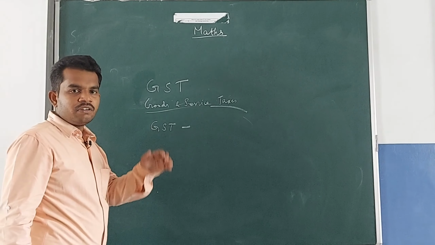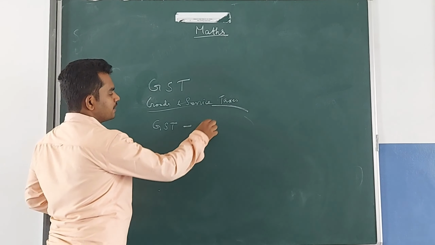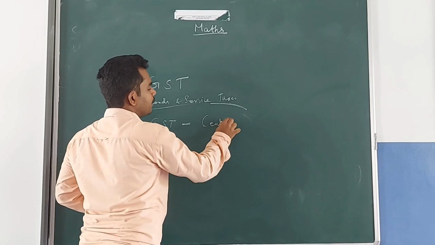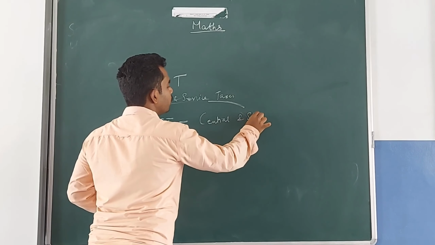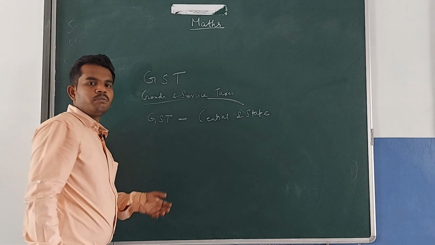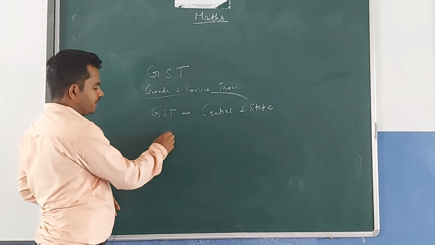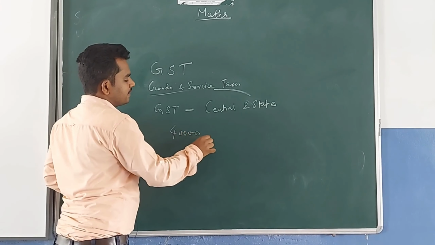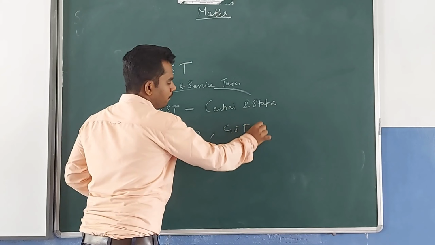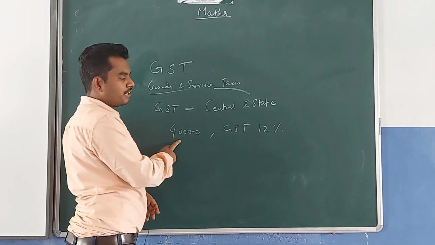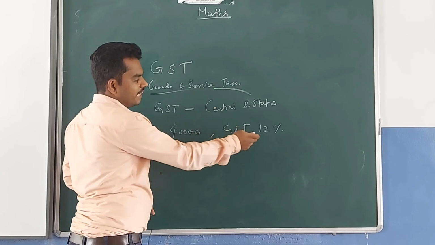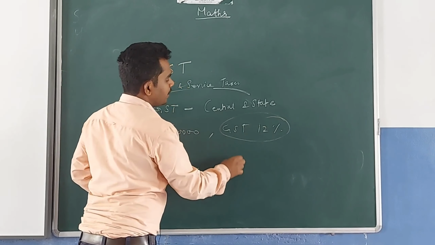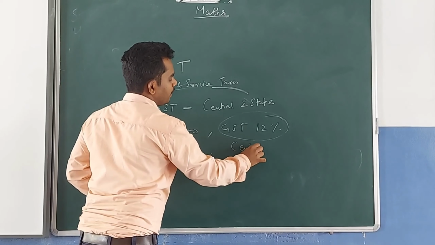GST is equally shared by central government and state government. For example, you buy a washing machine for 40,000 means, so GST is 12% for that product. So it is equally shared by central government and state government.